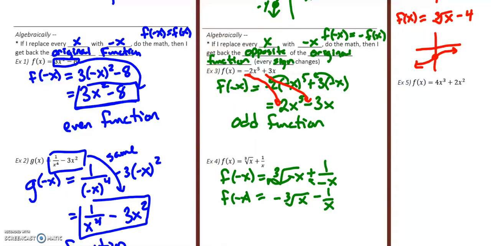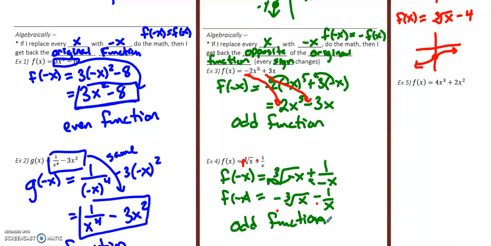And again, if I look at it, every sign changes. This positive here became a negative down there, and this positive there became a negative right there. So that is going to convince me that this is an odd function. It's just part of that club. If we were to graph it, it would have symmetry with respect to the origin.